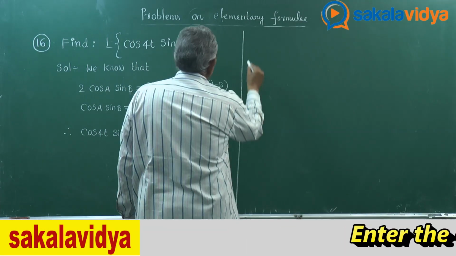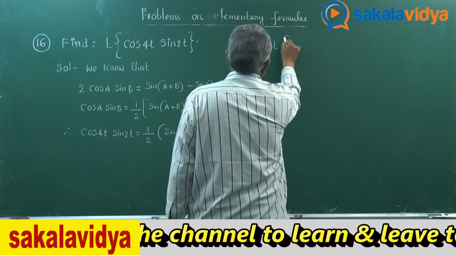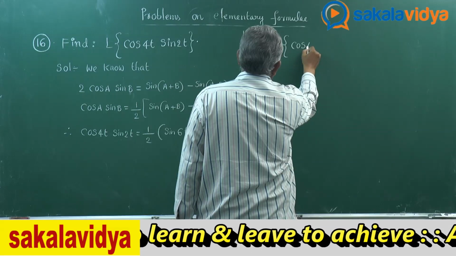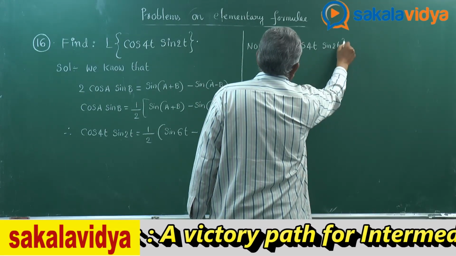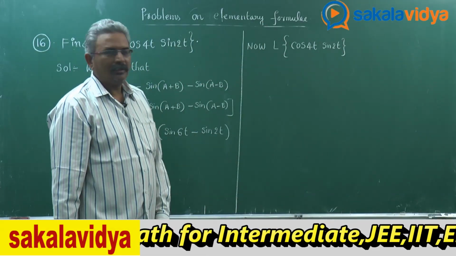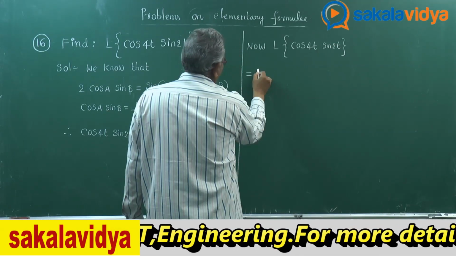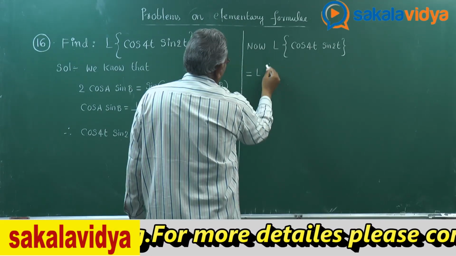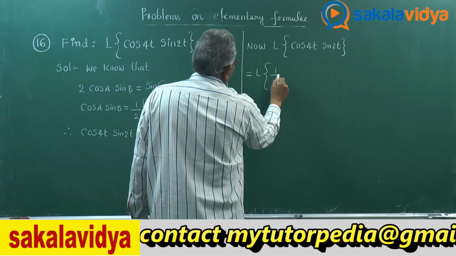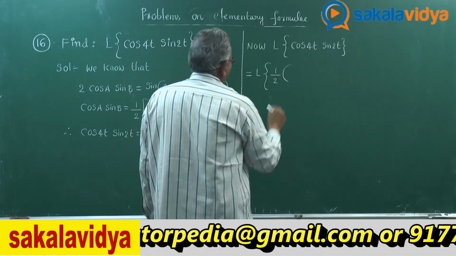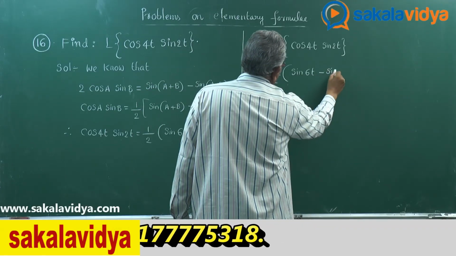Now the Laplace transform of cos 4t sin 2t. Instead of cos 4t sin 2t, you can write the Laplace transform of half times sin 6t minus sin 2t.